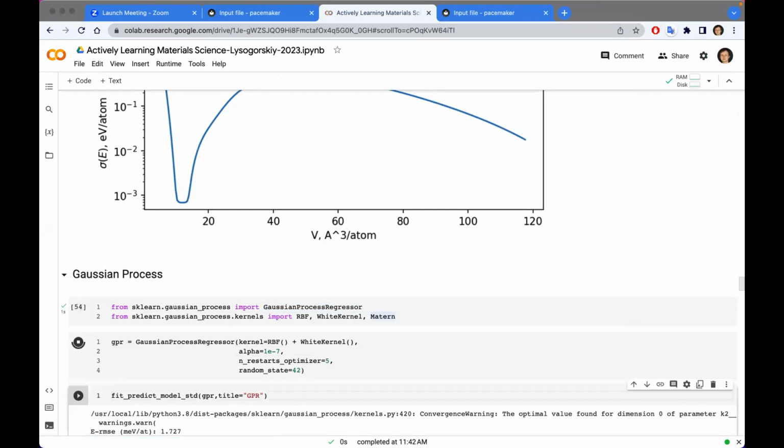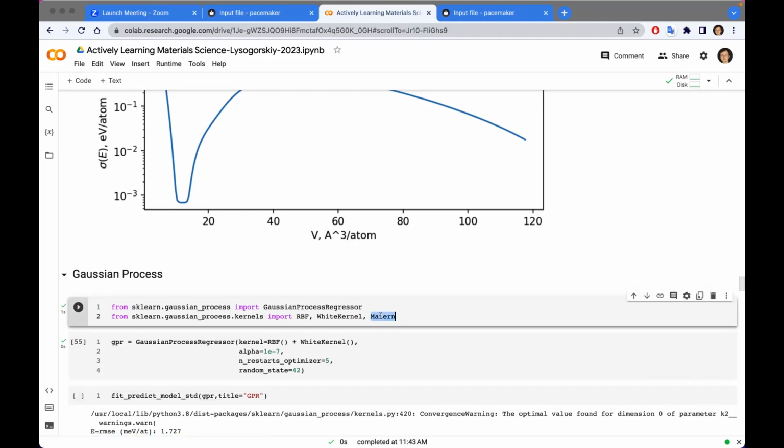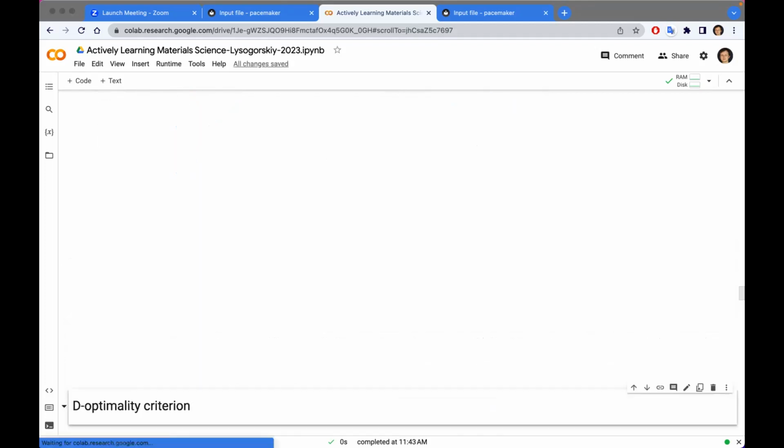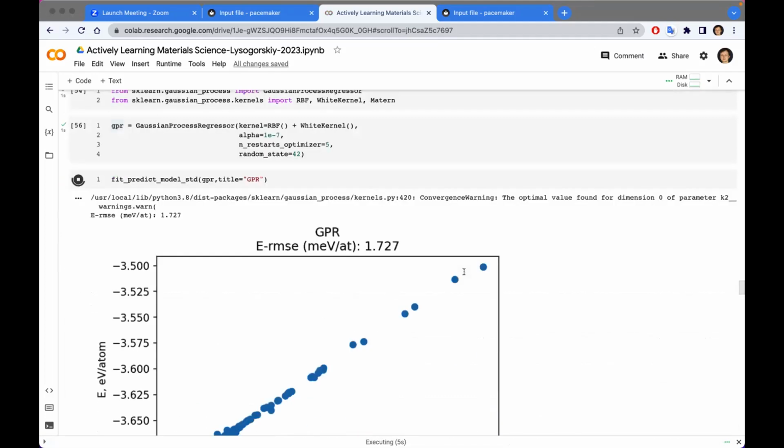Okay, we now go to Gaussian process, and so the main flexibility now is that you have to construct the kernels. You can use the default radial basis function, RBF kernel, or you can use whatever you want. I don't know, Matern, which is a generalization of RBF. Whatever you can play with that. I just use this particular option and again do the fit and predict with my helper function with the Gaussian process.